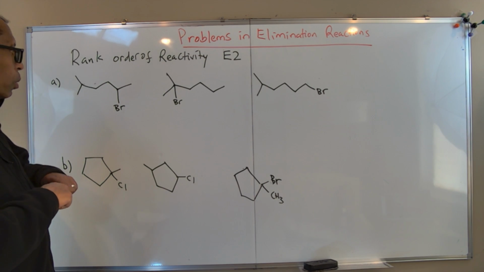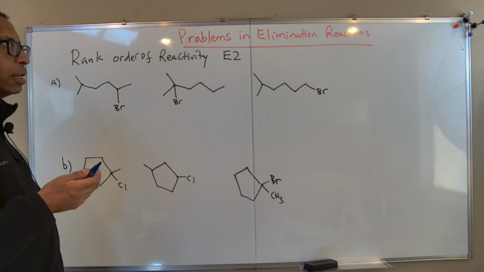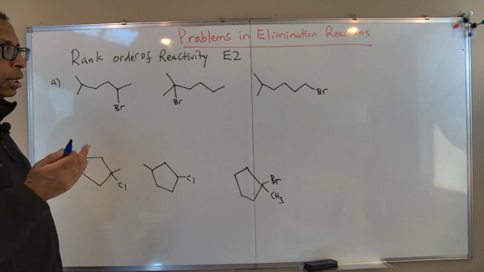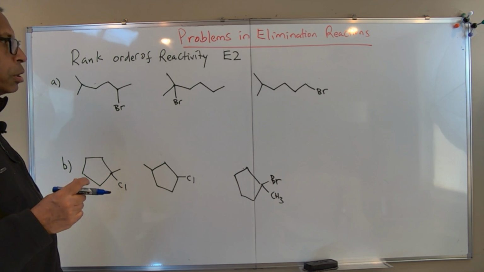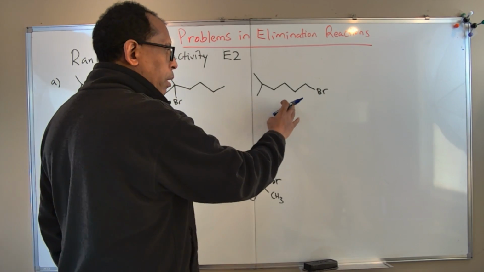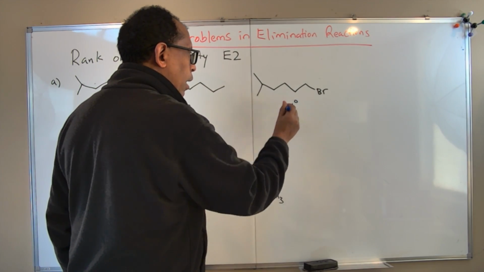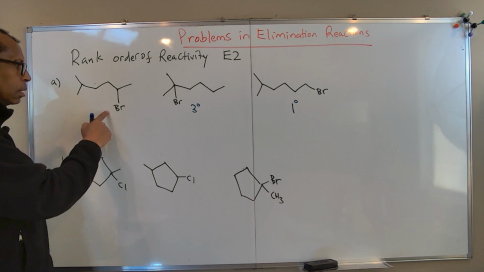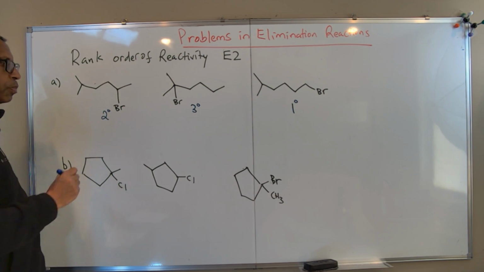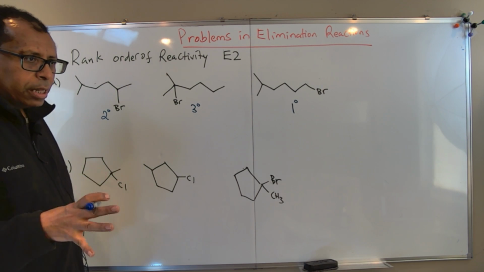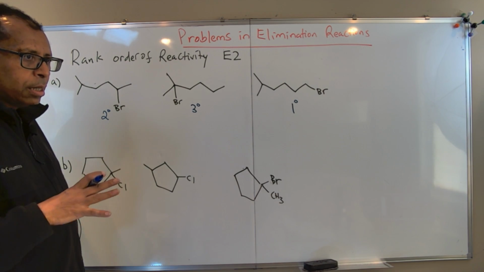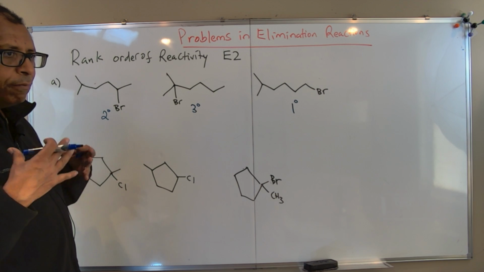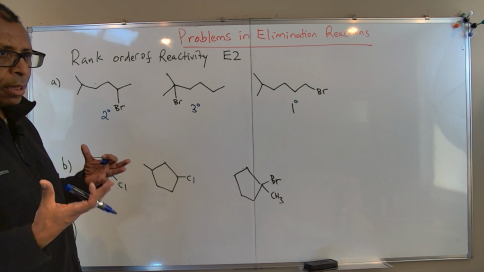So for E2 reaction, if you just see a single step mechanism, you would say this would be the primary alkyl halide, this is a tertiary alkyl halide, this is a secondary alkyl halide. So the least bulky or least crowded would give you an E2 reaction faster.